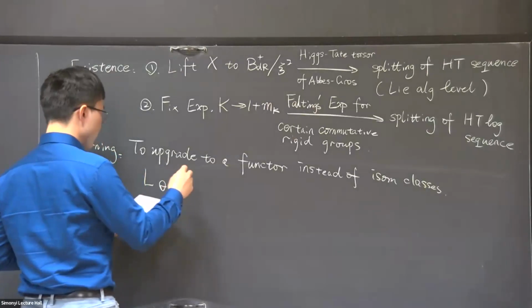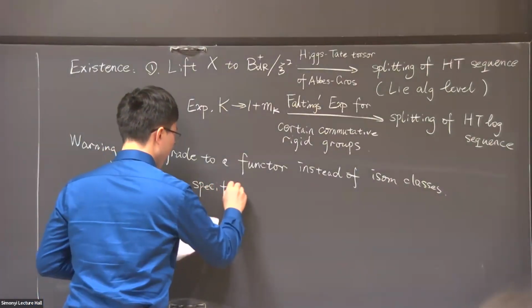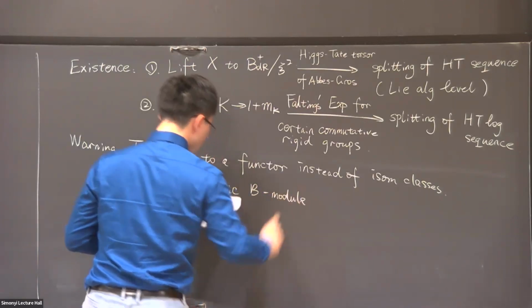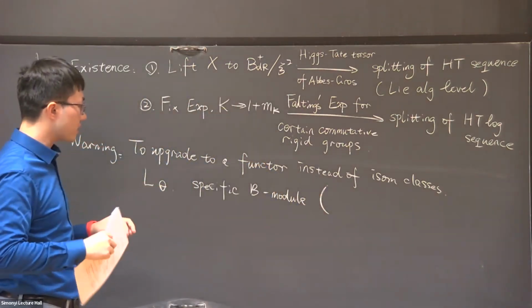So L_θ should be a specific invertible B-module. So then how do we pick such a specific B-module?